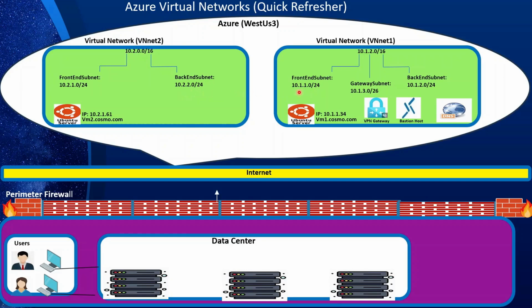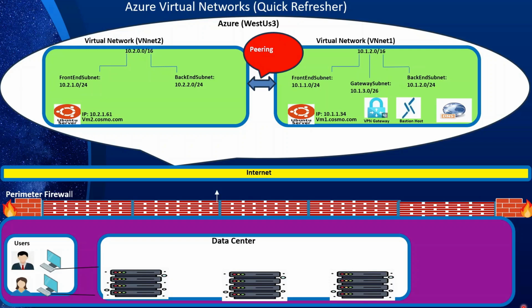If we need to provide connectivity between these two, Azure provides a service called peering that creates appropriate routes from this VNet to the other VNet. This works well if you have a small number of VNets. However, as the number grows, it becomes really difficult to manually create and manage those.